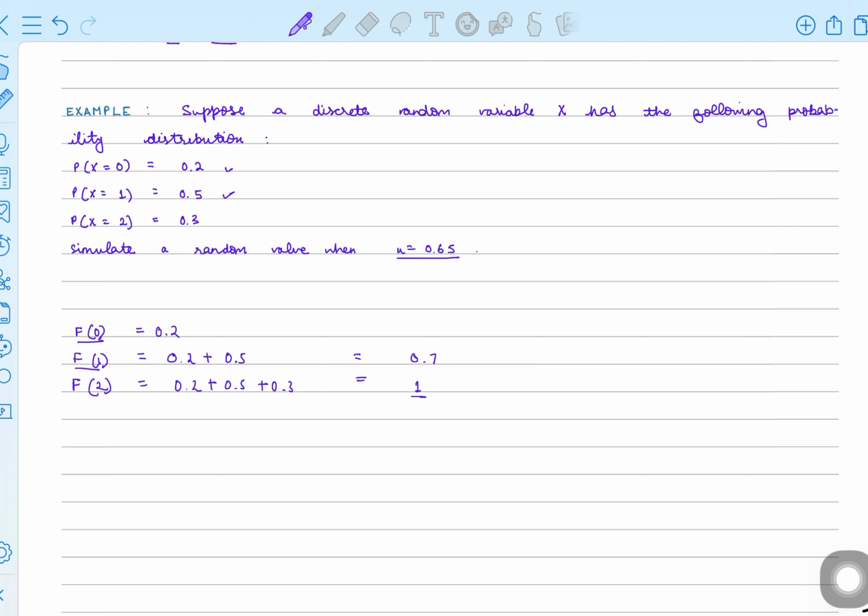Now we compare the random number with the cumulative intervals. The random number is 0.65, which lies between 0.2 and 0.7. Since 0.65 lies within this interval, it means that we assign x is equal to 1.